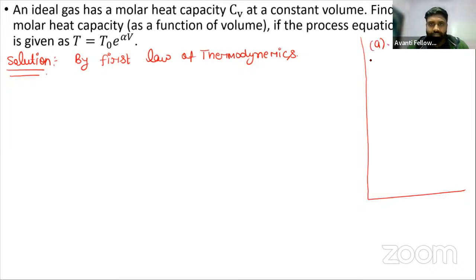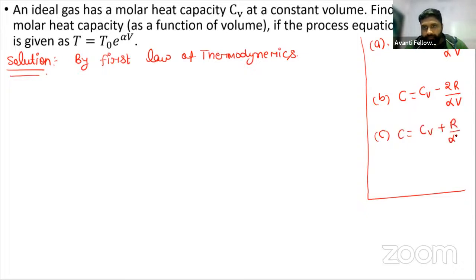Option A is C is equal to Cv minus R upon alpha V. Option B is C is equal to Cv minus 2R upon alpha V. Option C is C is equal to Cv plus R upon alpha V. And option D is none of the above.